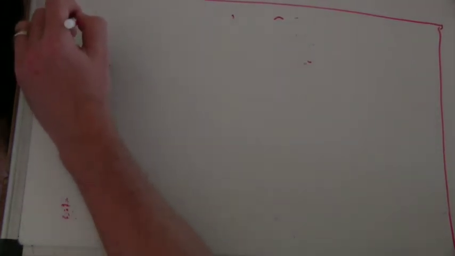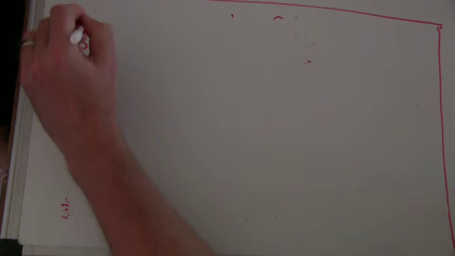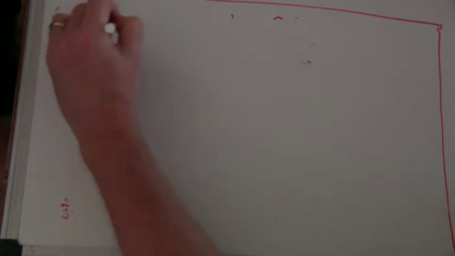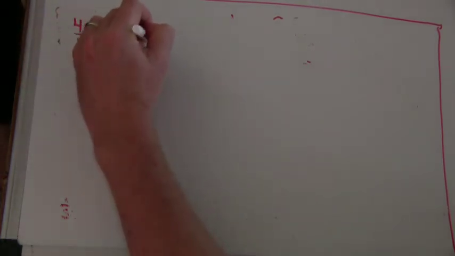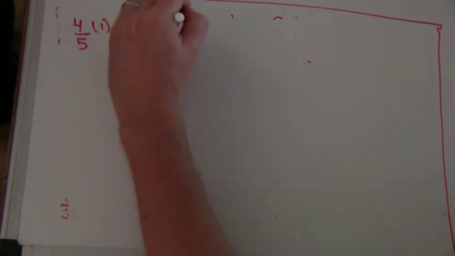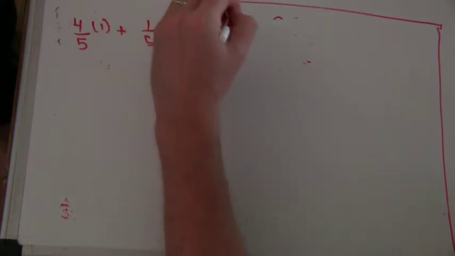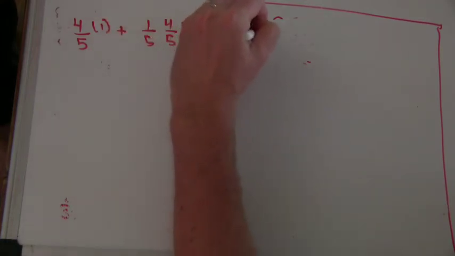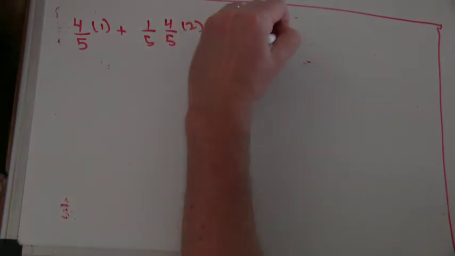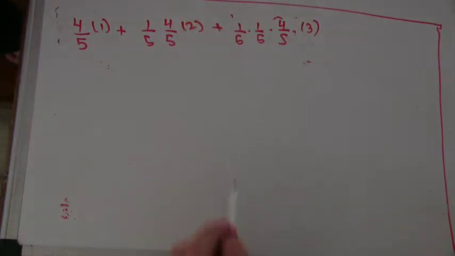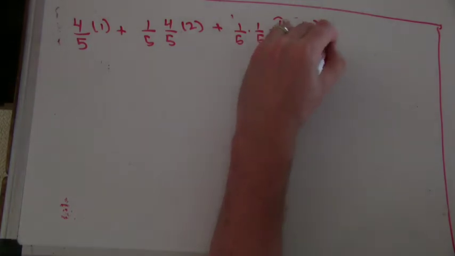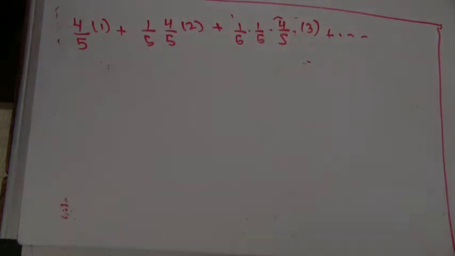So we got 4/5 times 1 plus 1/5 times 4/5 times 2 plus 1/5 times 1/5 times 4/5 times 3, dot, dot, dot. Do you have any sense on how we might sum this up?